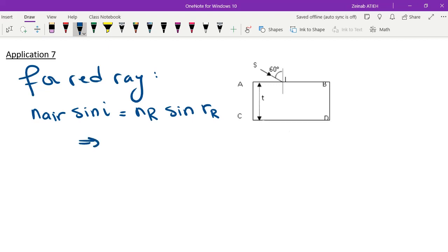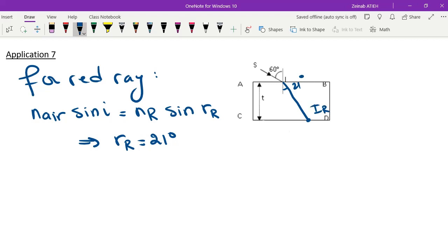You will get r_R equals 21 degrees. So it will go through an angle of 21 degrees. Let me draw it like this. It's bigger than 21 but it's okay so that you can see it. It will hit here with an angle of incidence I_R.